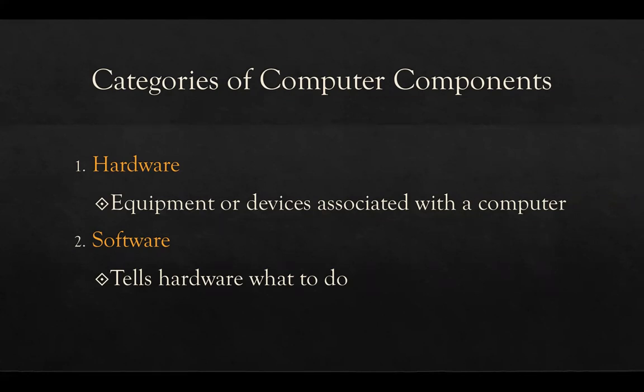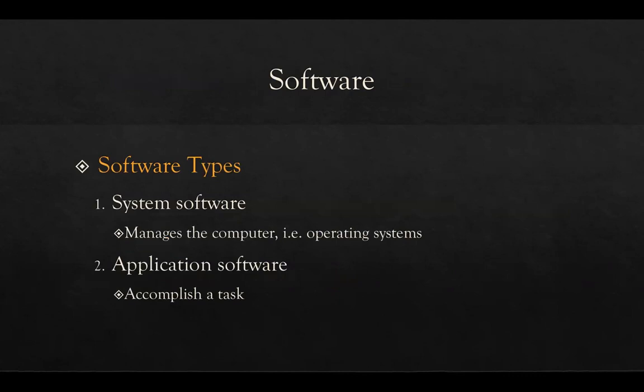When we're using these two categories, the physical equipment or devices associated with the computer is hardware, and the software is what tells the hardware what to do. Starting with software. There are two subcategories used to describe software. The first is system software, which manages your computer, such as the operating systems.